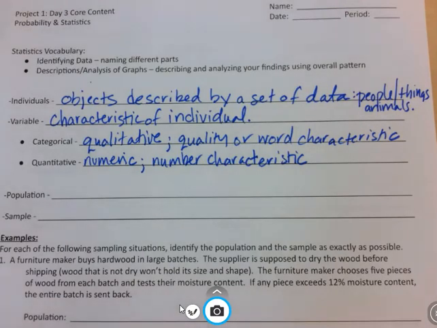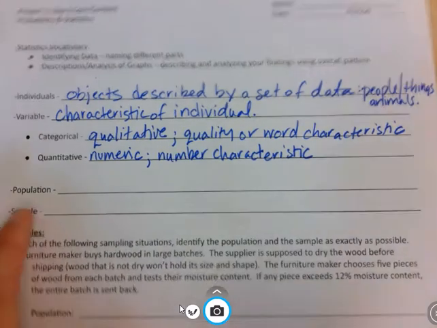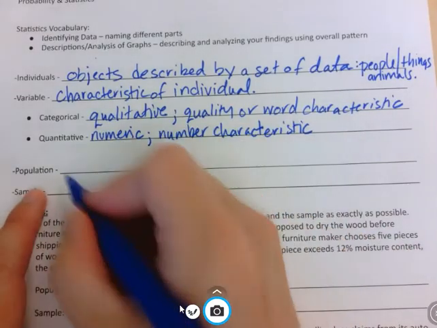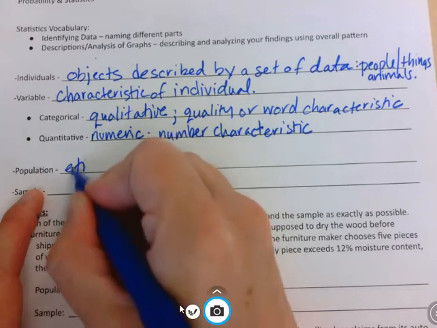Okay, a population is the entire group of individuals that we're interested in studying.